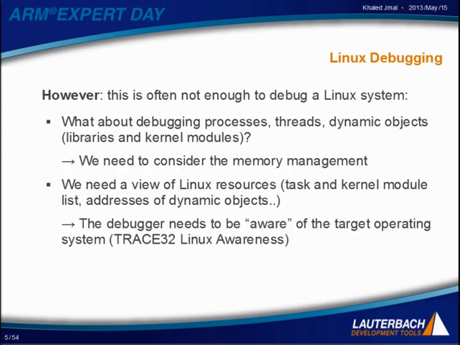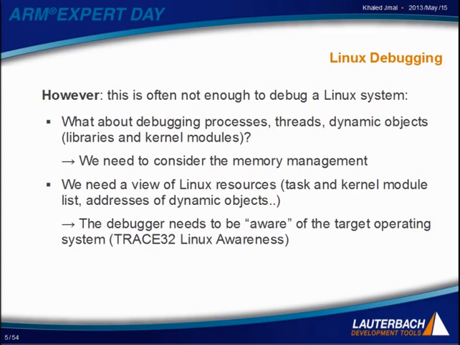So it is like debugging a bare metal application, but actually this is not enough to debug a Linux system, because you don't only have the kernel. You want to debug, for example, kernel modules, which are dynamic objects, to debug in user space, debugging processes, threads, libraries, and this needs some configuration in the debugger.